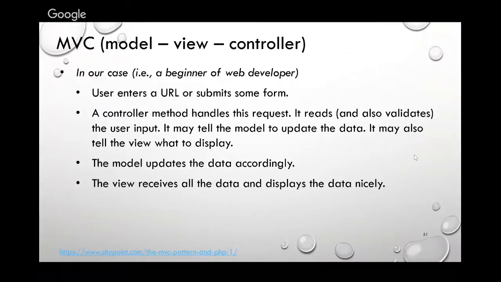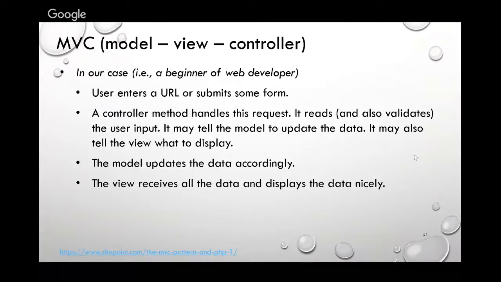So when the user enters a URL, or when they submit some form, they submit this information to the controller. The controller gets the input from, as we already know, GET or POST. So the controller reads the GET and POST, and then it knows what the user input is. According to the user input, if the input is correct or valid, it will update something, or grant access, or whatever.